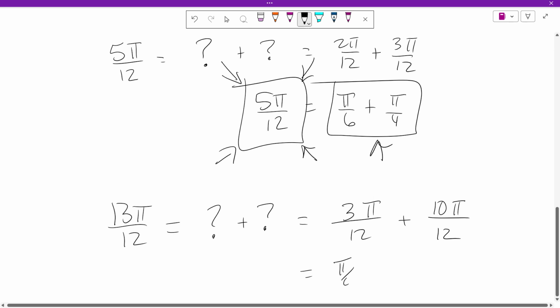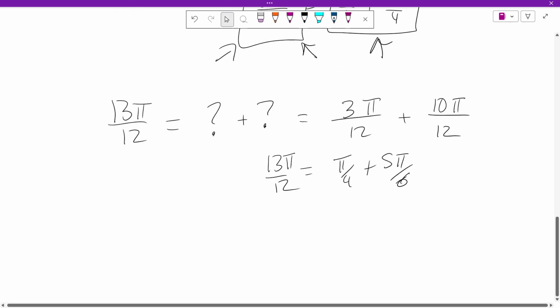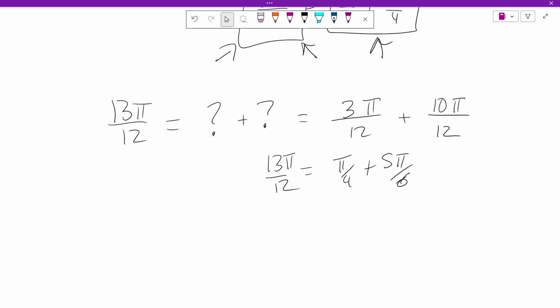So that's pi over 4 plus 5 pi over 6. Both of those are on your unit circle. That's how we get to that. Okay? So you have to be able to work backwards a little bit. You have to be able to find two numbers on your unit circle that equal something.